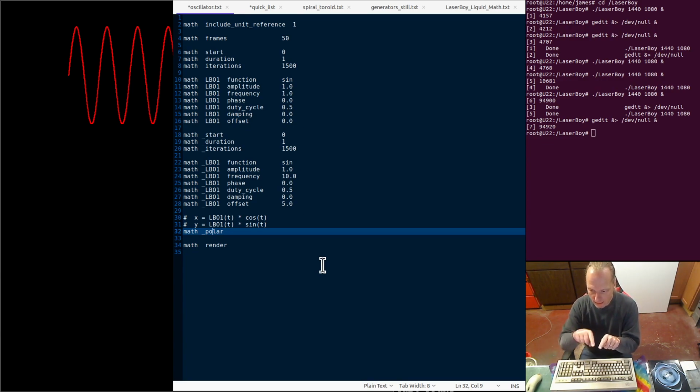Rho is the distance away from the origin, and theta is the angle of rotation around the origin. So it's like a radar screen view of a two-dimensional plane. You can still locate any point in two-dimensional space using rho and theta. It's just a different way to do it.